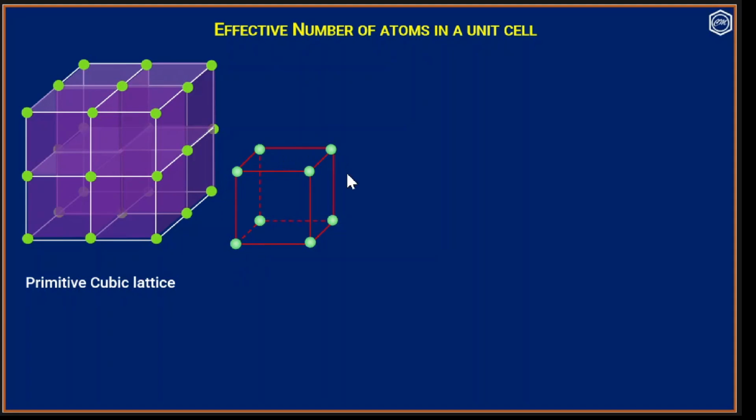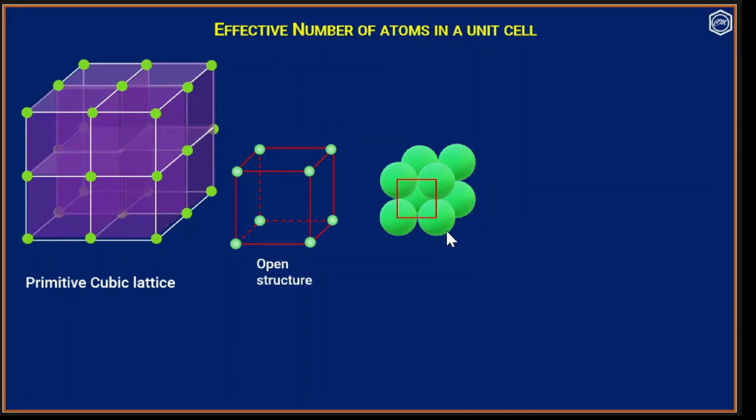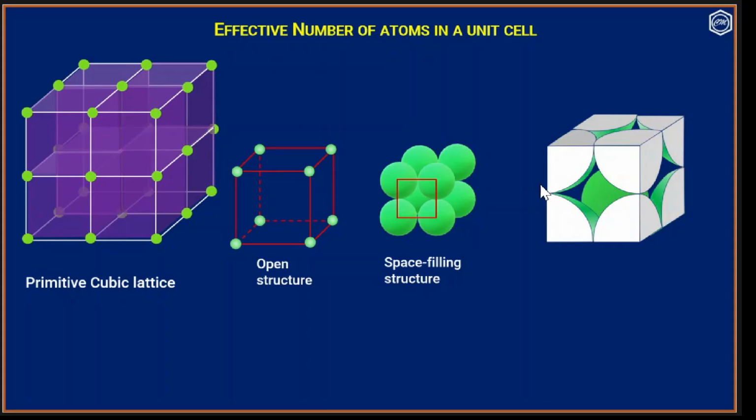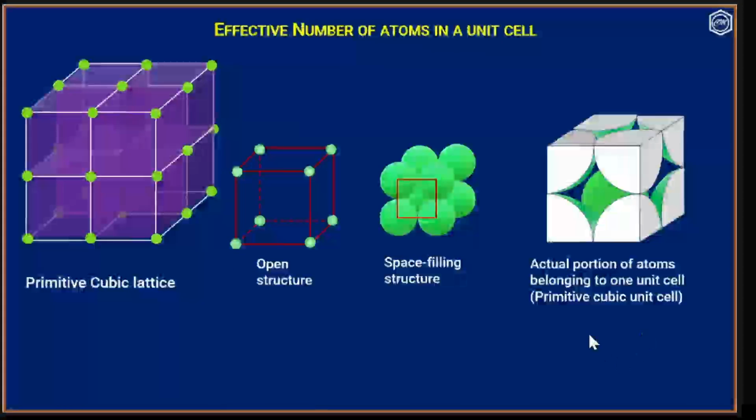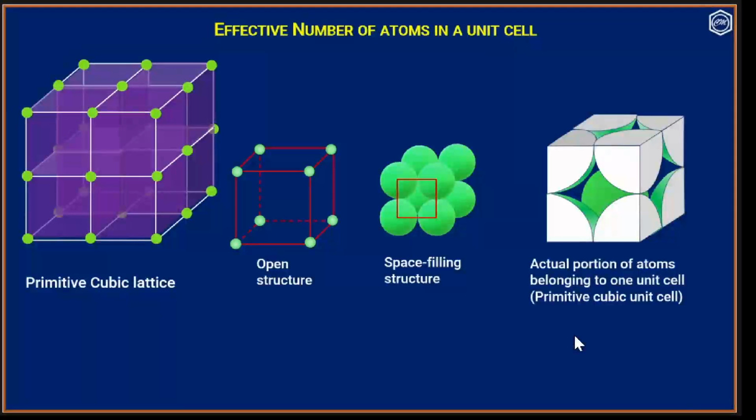So this is the unit cell, and that is the open structure. The space filling structure will be this one. Now if we take the actual unit cell, that is the actual portion of atoms belonging to one unit cell, that is the primitive cubic unit cell.